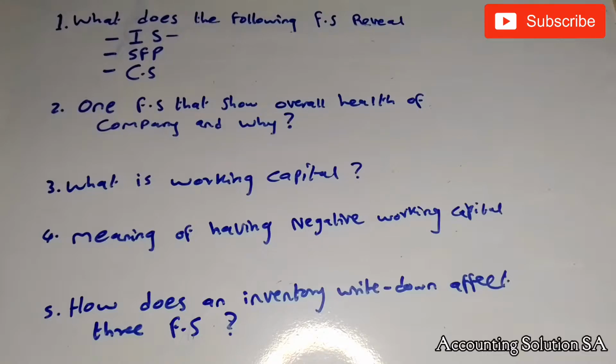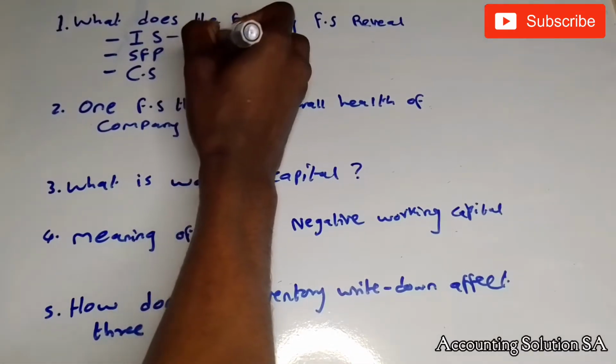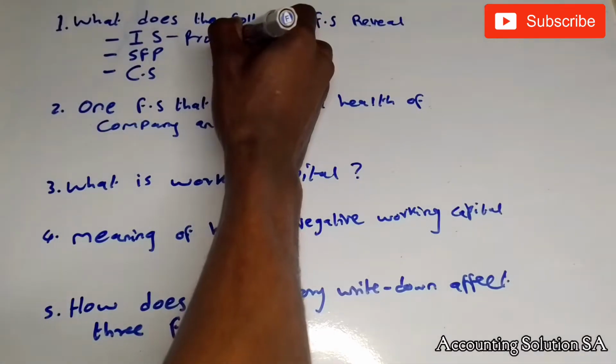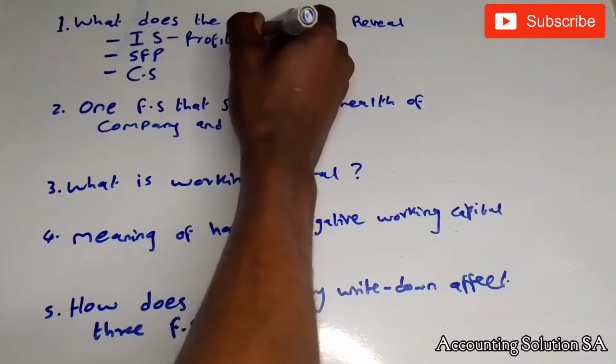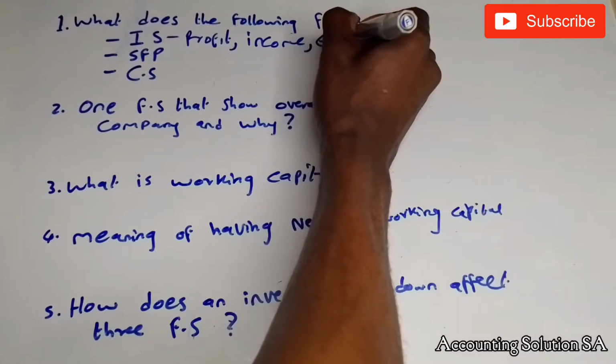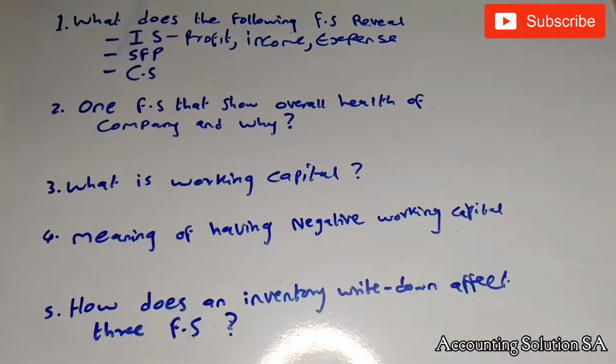What's the main purpose of preparing an income statement? When we prepare an income statement, of course we are looking for profit. We are looking for profit. So you must know that the income statement reveals all income earned by the company and all expenses that have been carried by the company. You must be able to expand your answer with confidence.